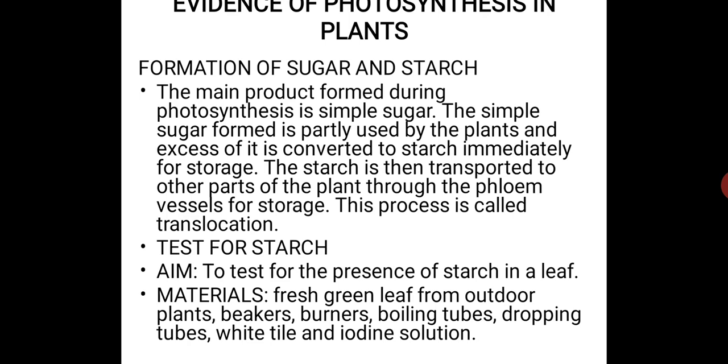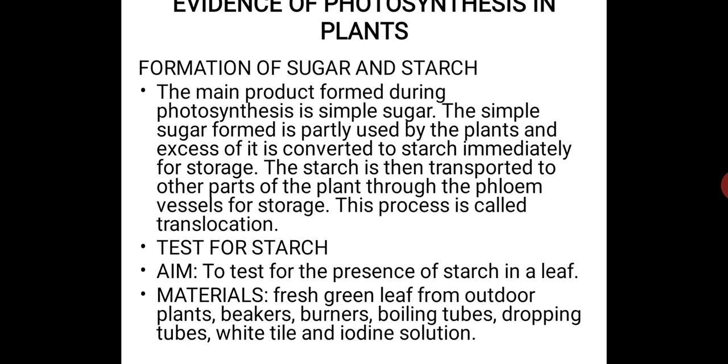The simple sugar formed is partly used by the plant, and excess of it is converted to starch immediately for storage. The starch is then transported to other parts of the plant through the phloem vessels for storage. This process is called translocation.